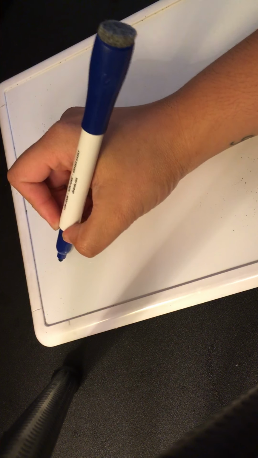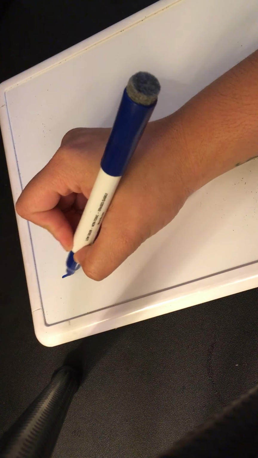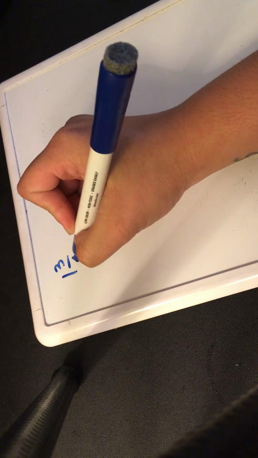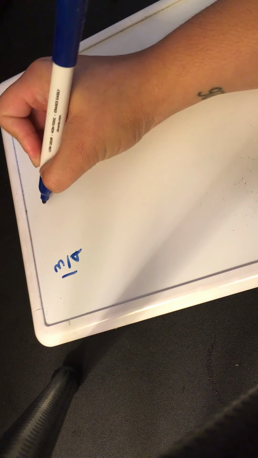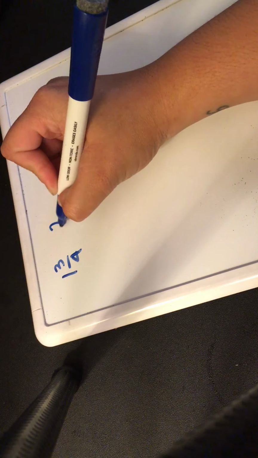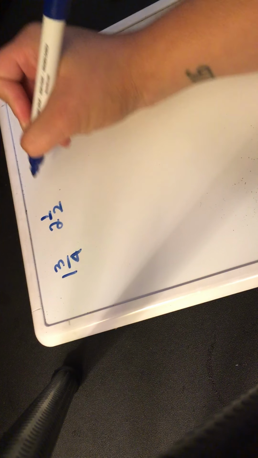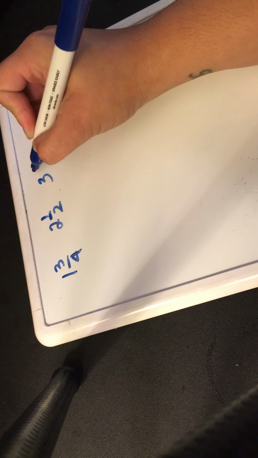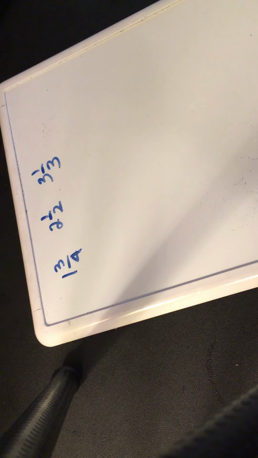So let's go over how to convert our mixed fraction to an improper fraction. Let's do 3 fractions together. So let's do 1 3/4 and 2 1/2 and 3 1/3.